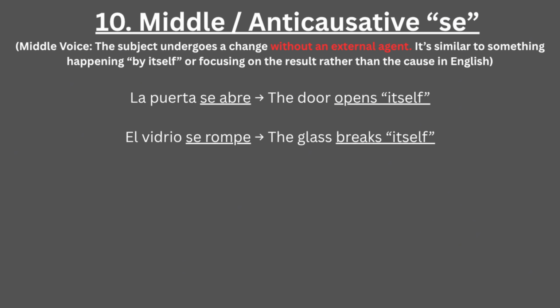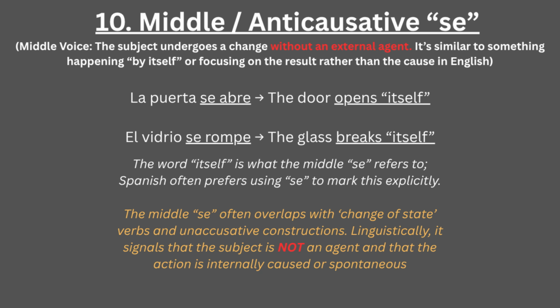The glass breaks itself. In English, we often say opens or breaks without anything else, but linguistically, the word itself is what the middle se refers to. Sometimes the word itself is added, but Spanish often prefers using se to specifically mark the action. In any case, this se is used when the subject is not an agent.